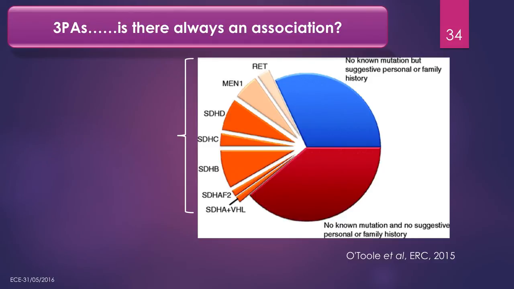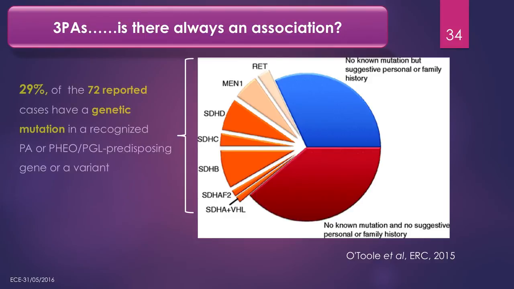In a very nice review paper that was published last year on the 15 years anniversary of the identification of the succinate dehydrogenase mutations, it was shown that in 29% of the 72 reported cases with this phenotype, they had a genetic mutation in a recognized pituitary adenoma or pheo or paraganglioma predisposing gene or variant, as you can see here, and it doesn't include only the SDH components, but also MEN1, some cases of RET and VHL.